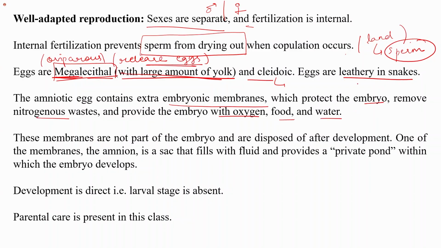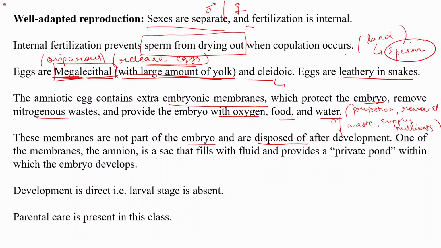So what is the function of these embryonic membranes? These embryonic membranes help in protection, removal of waste, plus supply nutrients. Right? These membranes are not the part of the embryo, and therefore once the development is over, they are disposed of.